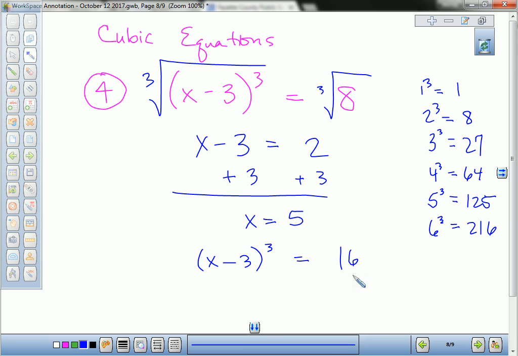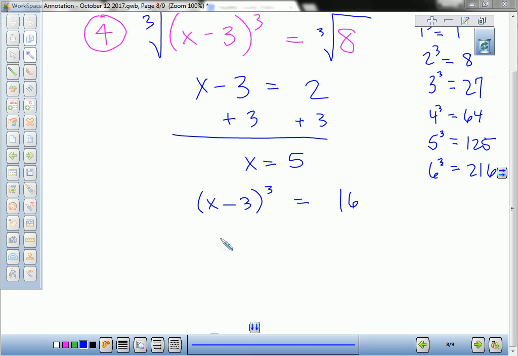What if we had this? Instead of 8, it equals 16. Let's just talk through this. We'd still take the cubed root. But just like we can simplify square roots, we can simplify cubed roots. What is a perfect cube that divides into 16? 8. 8 goes in there 2 times.